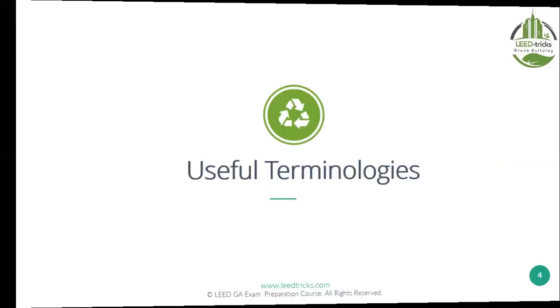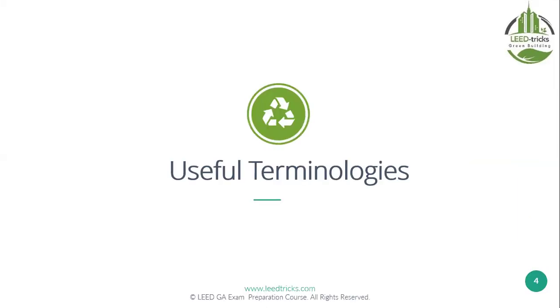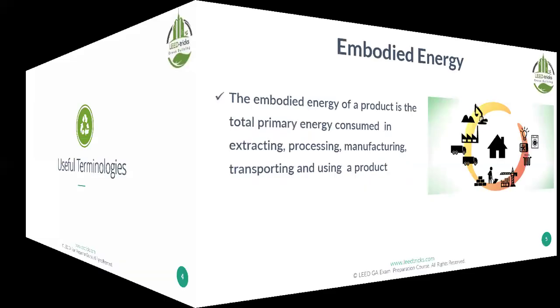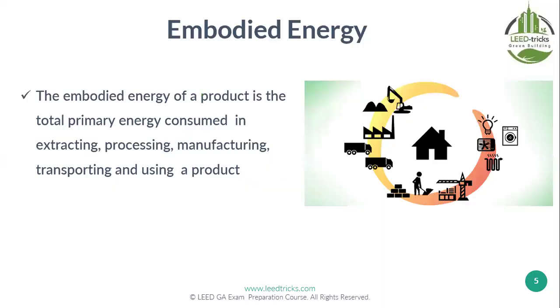But before we go to the chapter, as we used to, we will do some background. This is also part of the course. It's not an additional source. It's part of the course to know some useful terminology that we'll use in LEED. Embodied energy.